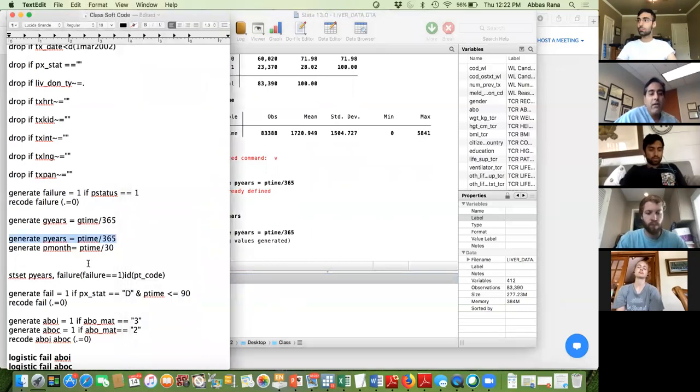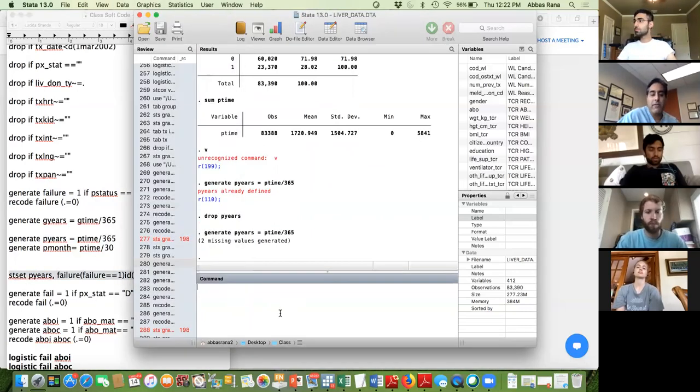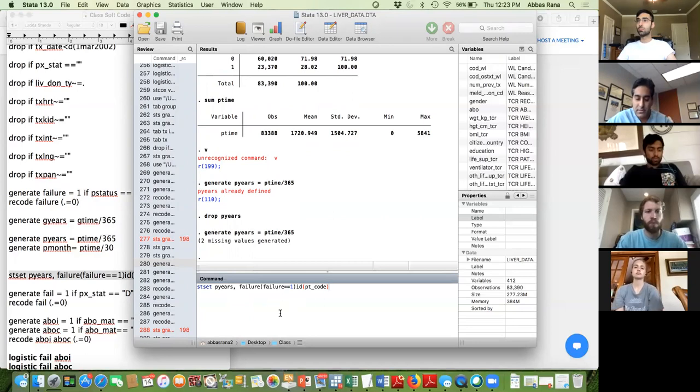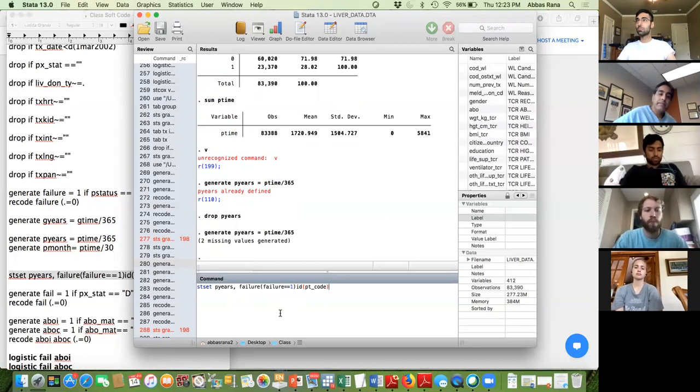Okay, so now we actually generate our Kaplan-Meier curve, our Kaplan-Meier analysis. It puts everything into a Kaplan-Meier analysis. The keys are 2 things, time and event.